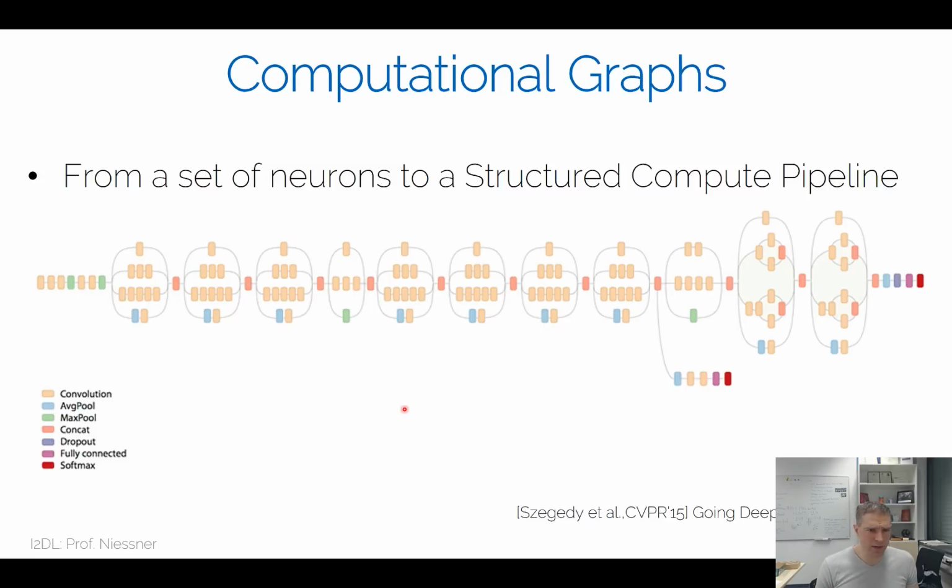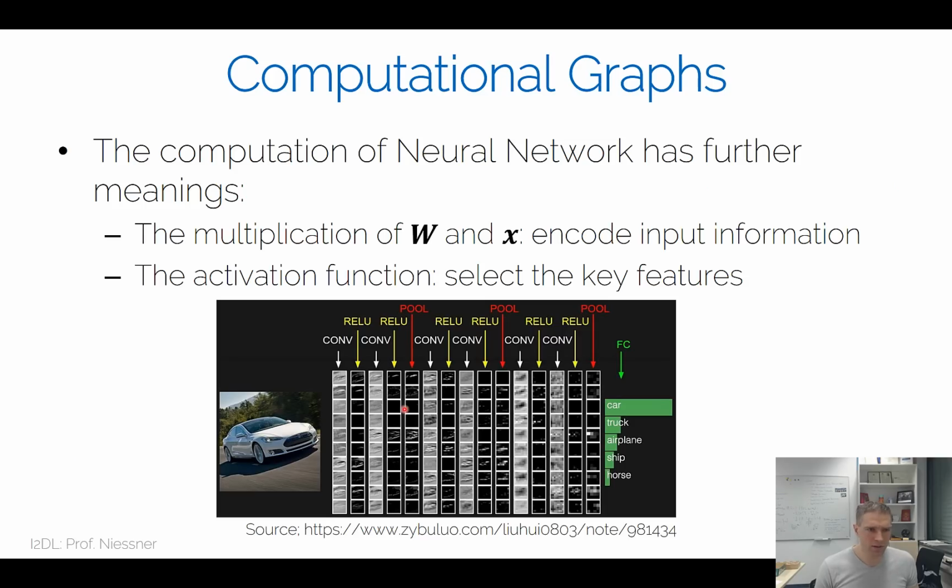We're going to see neural networks for many different things. The computation of neural networks has further meanings. The multiplication of W and X encodes certain input information, so we're going to get these intermediate features in between. And the activation function has the idea of selecting these key features and propagating them accordingly down our compute graph.